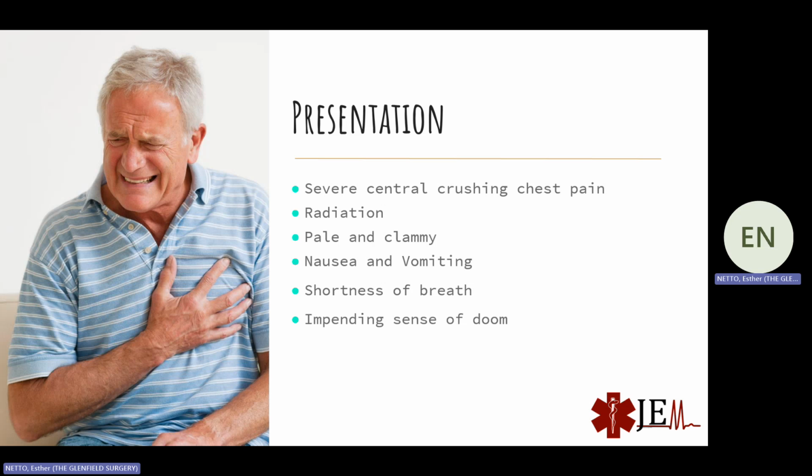Sometimes it can even be on the left-hand side, and it radiates, which means that it moves. So it can radiate down a patient's left arm, so all the way down their left shoulder into their arm, or even into their jaw. That's the really classic picture of what that chest pain will be. So it's central, it's severe, it's crushing, and it radiates.